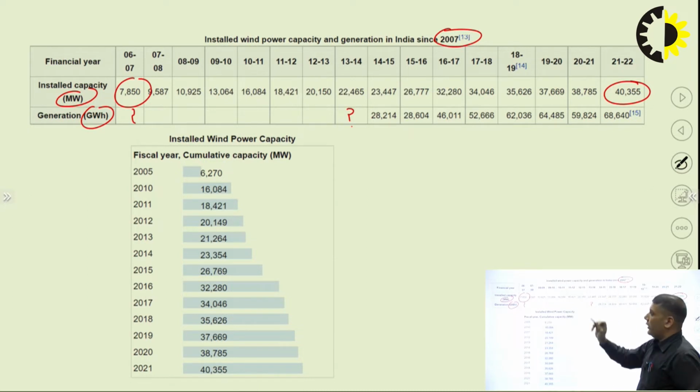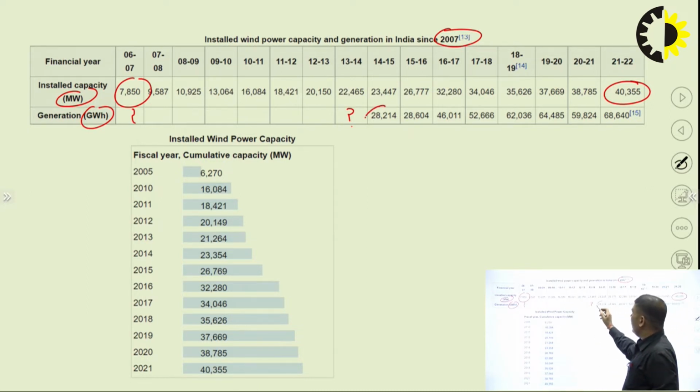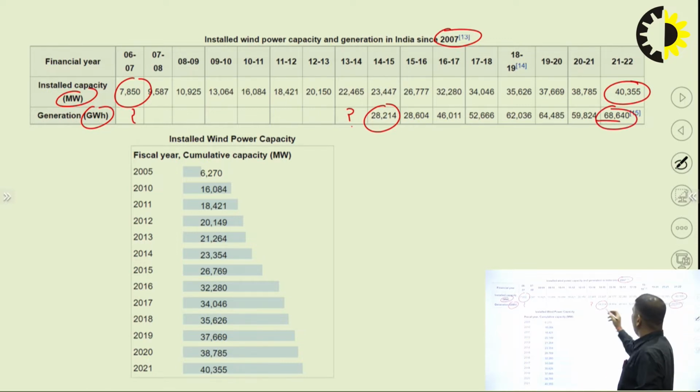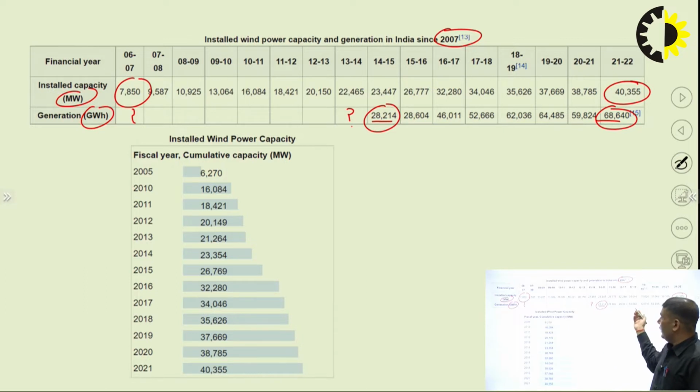When we did the audit in 2014-15, the generation was 28 gigawatts, and now it is 68 gigawatts. So this is a significant increase, roughly 250%, from 2014 to 2021-22.